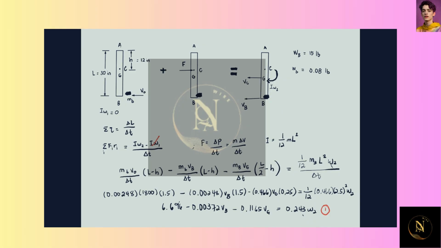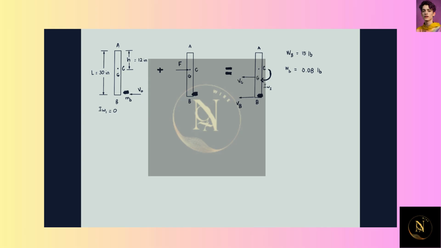So, since V sub B and V sub G here are linear velocities, we can express them in terms of R and omega using the equation V equals R omega. Hence, VB is equal to its distance from C, which is L minus H, times omega 2.